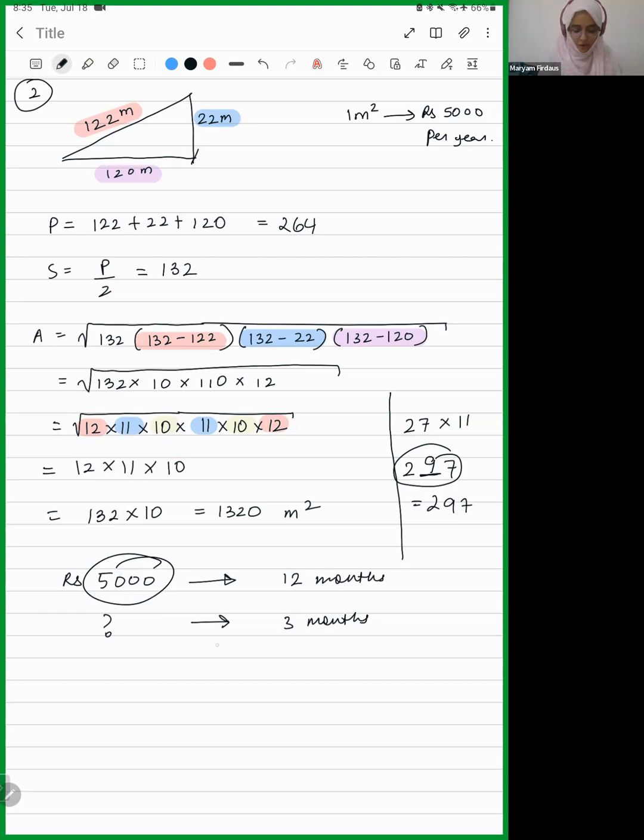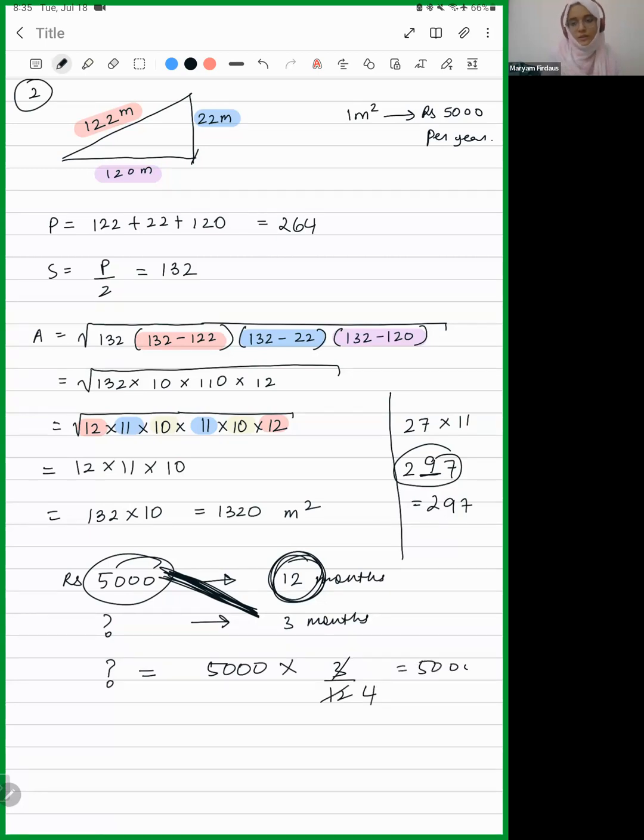Or in other words, you can say that this question mark is going to be equal to 5,000 into 3 divided by 12. So it's going to be 5,000 into 3 by 12, and 3 by 12 is nothing but 1 by 4. So it's 5,000 by 4.